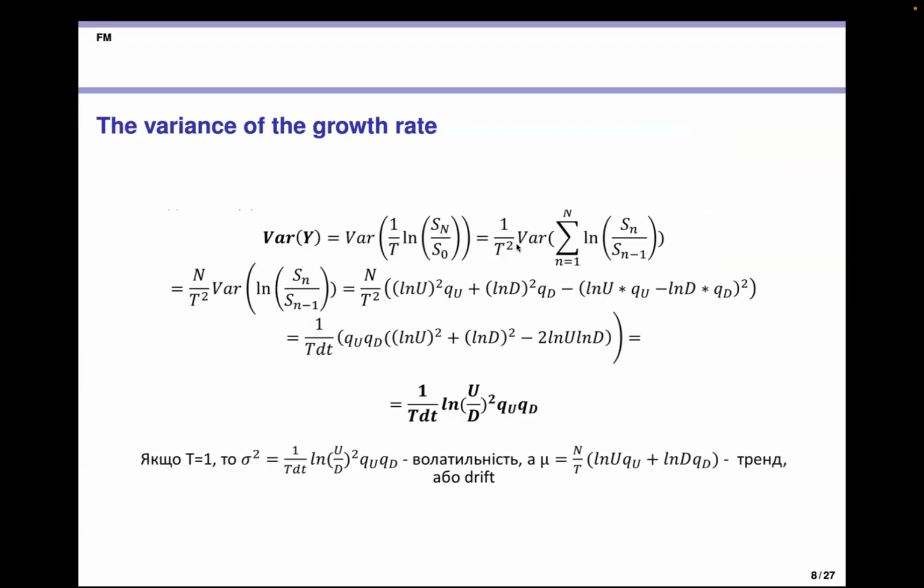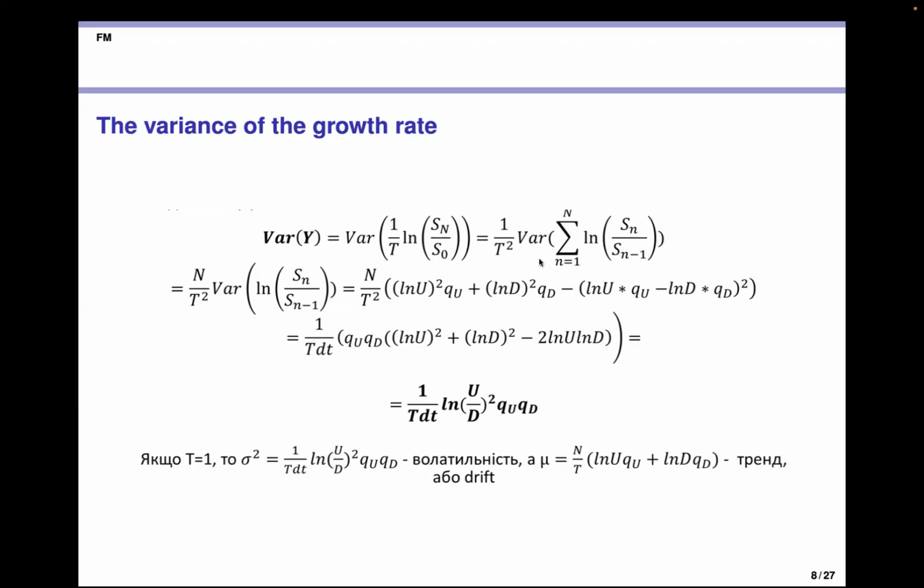But y squared, do you remember the general formula of variance? If we find the variance of a random value multiplied by a constant, we can write the constant in the square before the variance. And instead of this ln Sn divided by S0, we write the sum, like in the previous case.